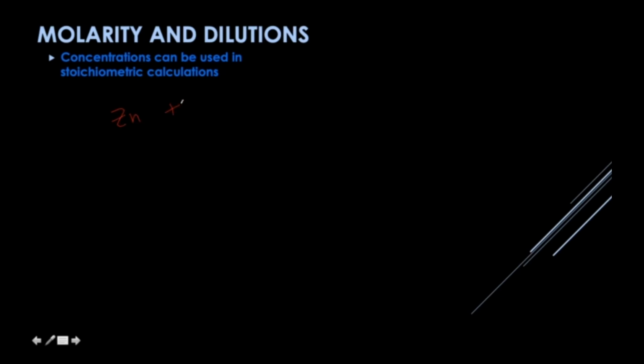You have zinc plus silver nitrate, and you're going to then have silver plus zinc nitrate. So zinc is a solid. We don't really care about it. However, silver nitrate dissolves, so it's aqueous.